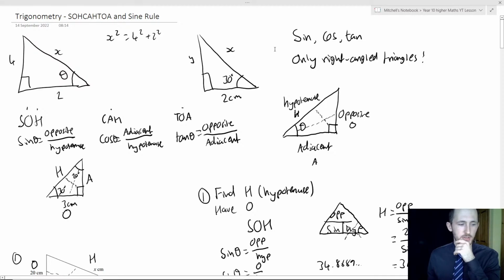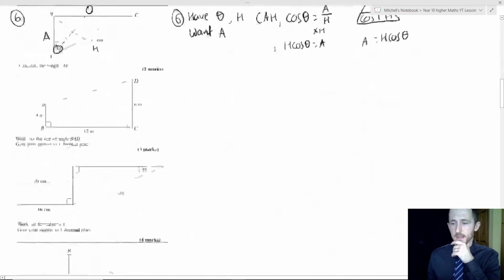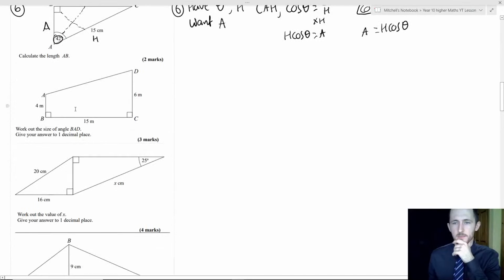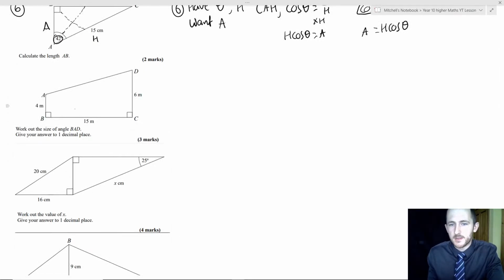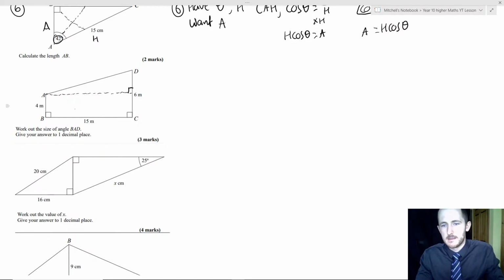Well, you can make a right angle triangle from this, right? Hypothetically, if I drew a straight-ish line along here, would this top thing be a right angle triangle? Yeah, it would.